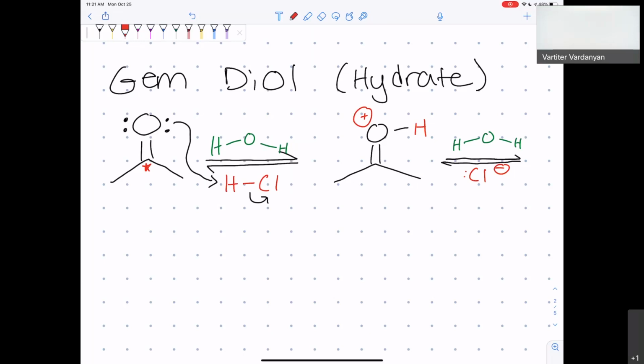However, the weird thing about this is we know that anything with a negative charge is a base or a nucleophile. Cool. So just like you guys, I would automatically think, okay, Cl minus is a nucleophile. But actually, this H2O is going to be the nucleophile.